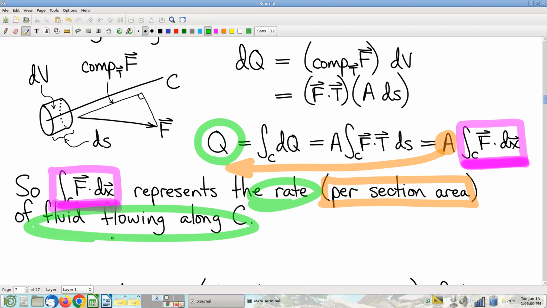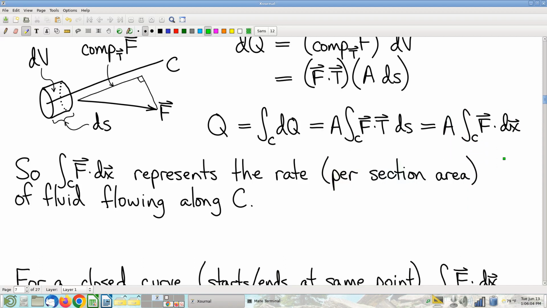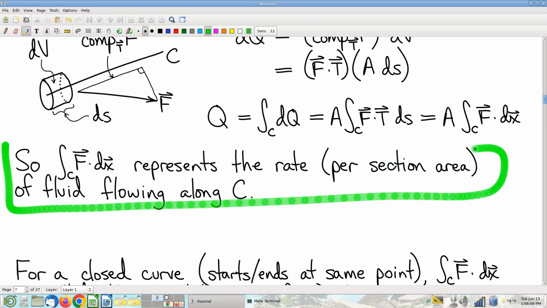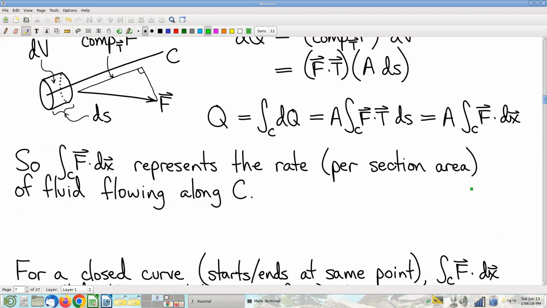So, all right. Now, before I go on, why would we ever care about this interpretation? Why would I ever care about how much fluid is flowing along a curve? I'm going to give you one example. This is just a fun one that I happen to be aware of, and that is airplane wings. So let me have the airplane wing.